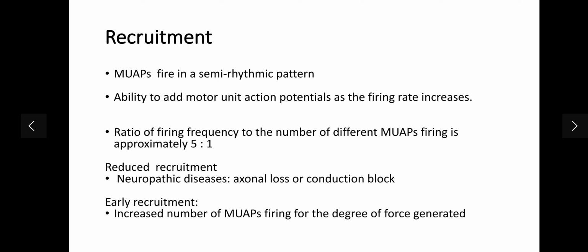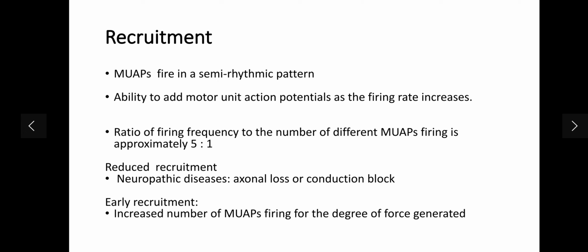Reduced recruitment will be seen in neuropathic disorders, because in neuropathic conditions, the motor units are lost for any reason, so the number of motor units decreases. So the ability to recruit more motor units will be decreased. So you will see decreased recruitment.